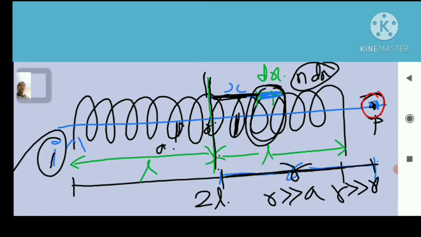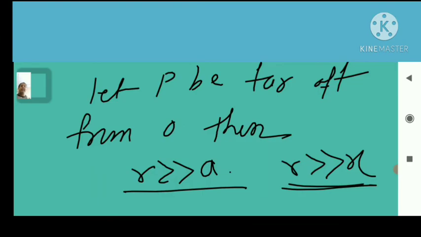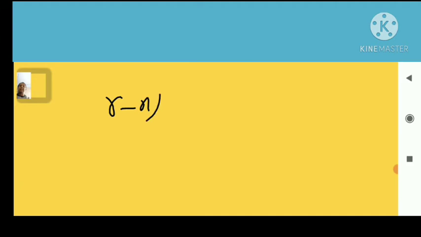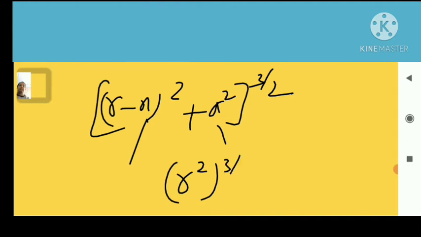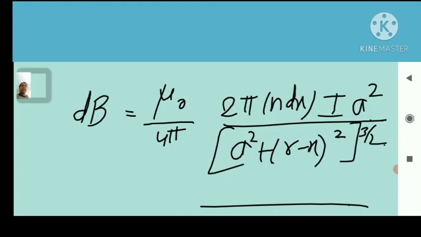So here we neglect a and x. So r minus x squared plus a squared to the power 3/2, we neglect a and x. What is left? r squared to the power 3/2, 2 and 2 cancel, so r cube finally.